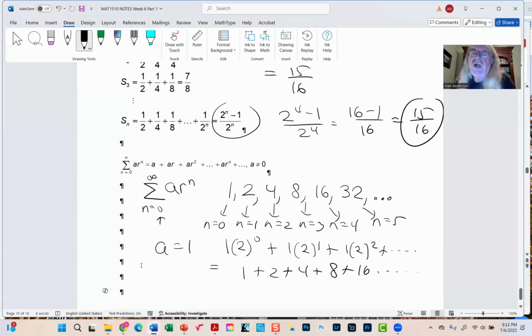In simplest terms, a geometric series means that the terms are being multiplied by a constant. That's really the thrust of it.